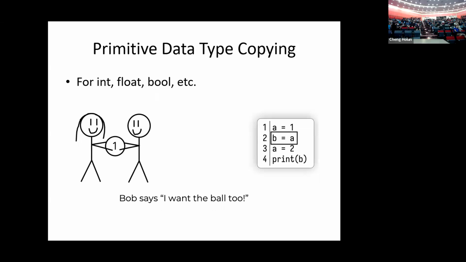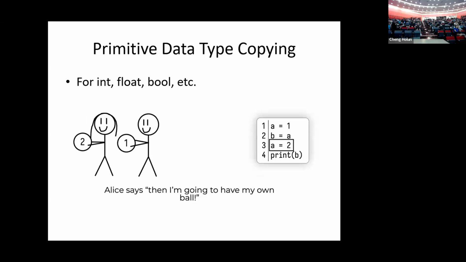Okay? However, this is something you may miss. If I do this, actually, it's like that. Alice has a ball of 1. Bob will also have a ball of 1. Both of them have the ball of 1. But now, if I change Alice, will I change Bob? They're separate, right?